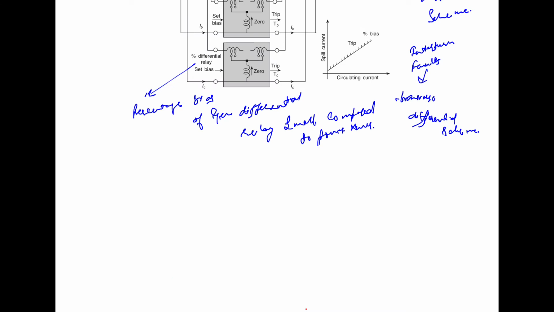Let us suppose that we have the power transformer here, and we write the generator here. In case of the transformer, the primary and secondary voltages are different.